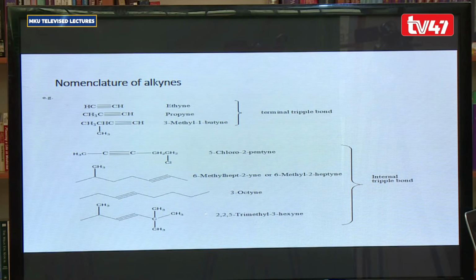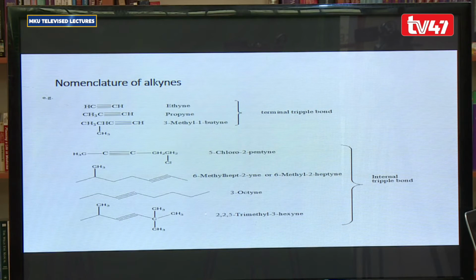For example, if it is methyl, like this one, you count from the triple bond position, but you have to indicate the substituent. In this example, the substituent is a methyl group at position 3. So it becomes 3-methyl-1-butyne, or it can be 3-methylbut-1-yne. Both names fit the IUPAC system, where IUPAC means the International Union of Pure and Applied Chemistry.